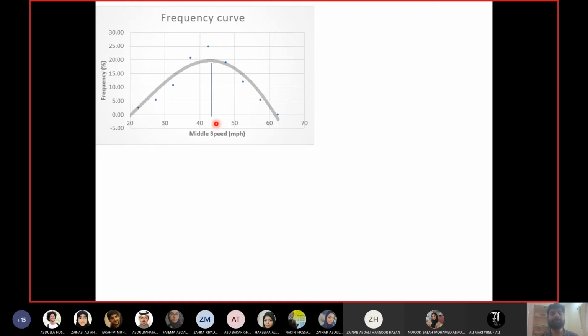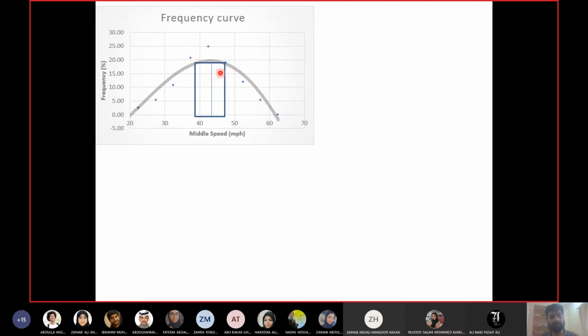The next value is the pace range. For the pace range, I told you, first find the scale of the x-axis. According to that scale, draw a box. This is a box which has a width equal to 10 miles per hour on the x-axis. Then place that box in the middle of the curve and see where the two edges of the box are touching the sides of the curve.